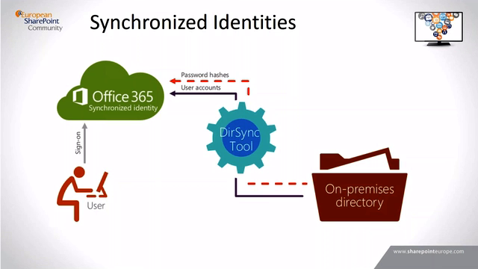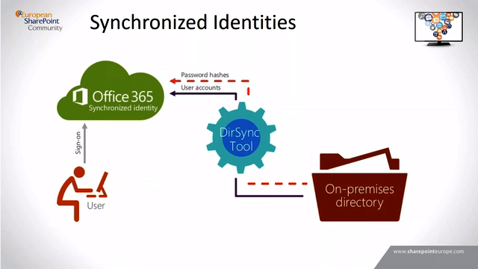We deploy a tool, and that tool is actually a directory synchronization tool. That tool will synchronize the user accounts from local Active Directory to Office 365, and it will also synchronize the user's password with Office 365.